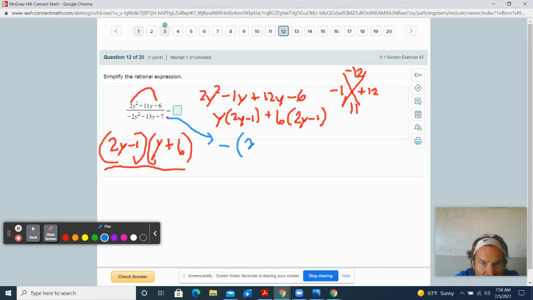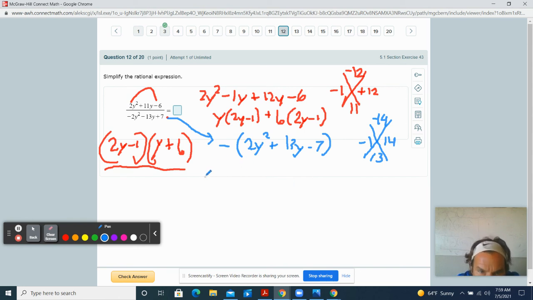So when I factor out the negative, that's going to be 2y squared, and that changes to a positive 13y, and that changes to a negative 7. Now I'm going to factor the same way as I did the top. 2 times negative 7 is negative 14. The middle number is 13. That's going to be a negative 1 and a positive 14.